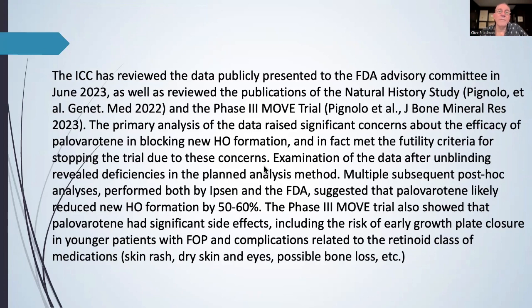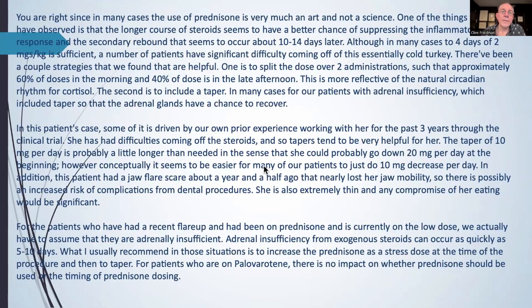The ICC have made a really good identification of what they believe palovarotene and the drugs that are currently being used are useful for. And then there is the importance and the complexity of prednisone, and I always consult with Dr. Kaplan with respect to some of the issues related to prednisone.